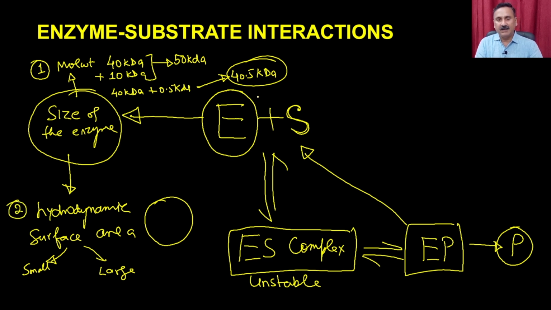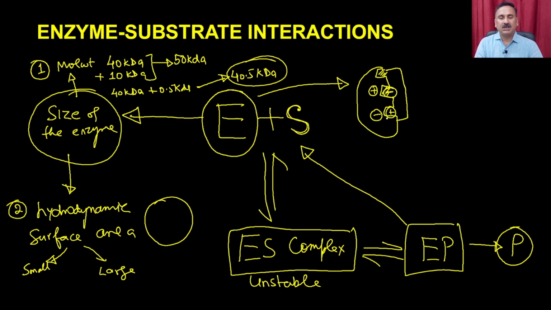The third thing is that the enzyme is made up of, so imagine that this is the enzyme which has different types of active site, right? Different types of groups, right? It may have positive groups, it may have negative groups, and so on. So when the substrate binds to this site, for example, if this is a substrate which has negative charges, positive charges, and so on, it is going to change the electronic configuration of this enzyme.